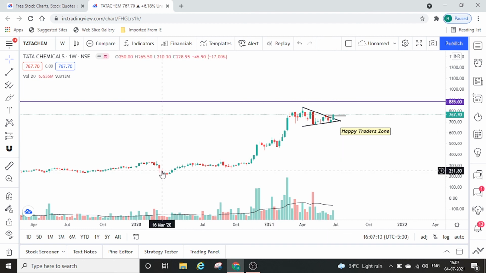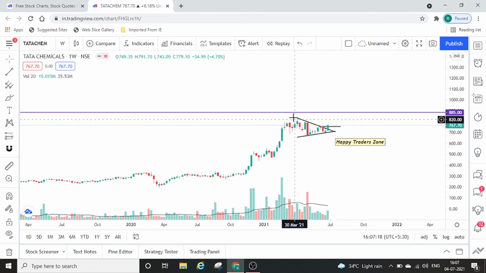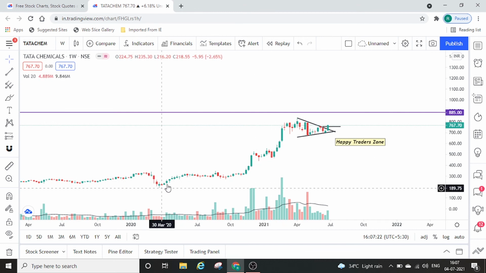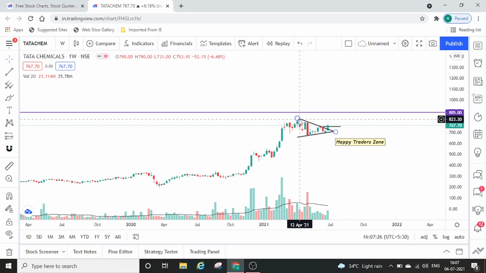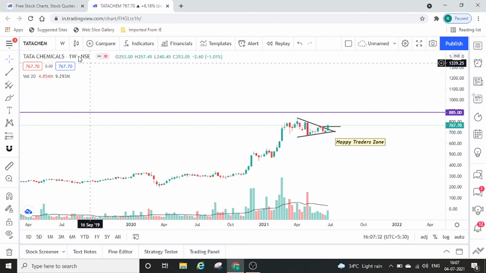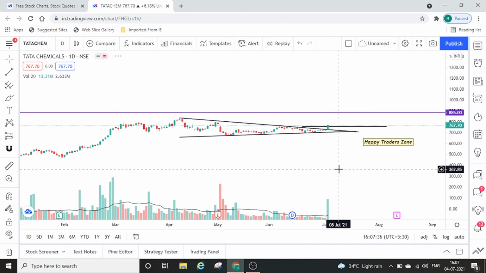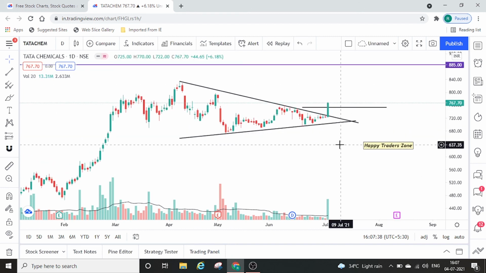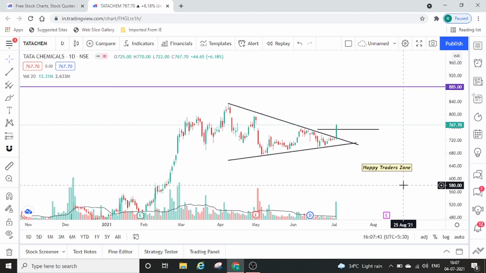After touching this lifetime high, I think the persons who took the stock from each breakout and IRI formation started to book profit over here. That is why we have a small drop over here, and in the daily time frame the stock gave a massive breakout, and it seems to be a new opportunity for new buyers.